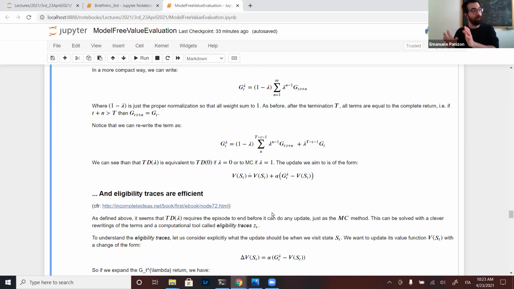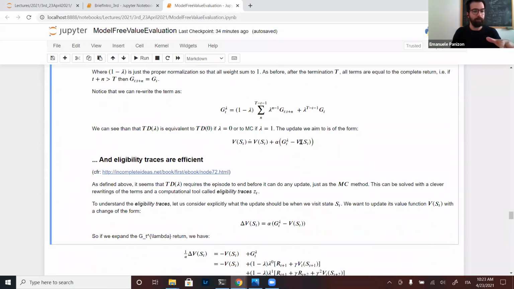There is a way, called eligibility traces, to do it at each step instead of at the end of an episode. This tool is also used in general as a tool to have a memory of where you have just been, and this helps to increase the efficiency a lot. I hope I'm not completely lost to you now. I will try to do the mathematics, and then we will hopefully see what I mean.